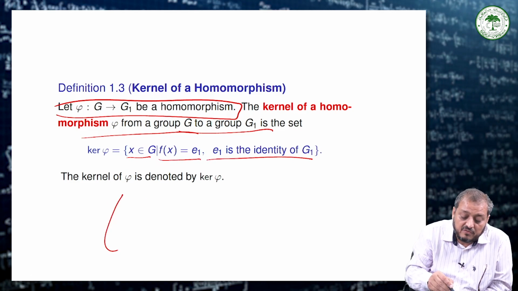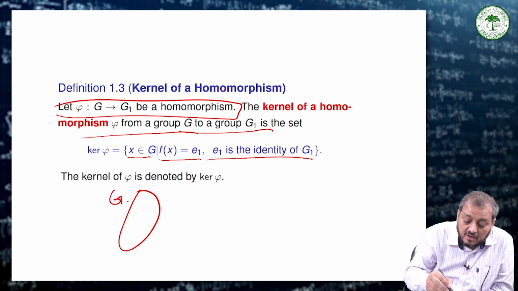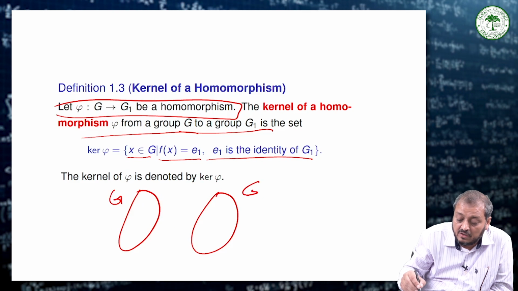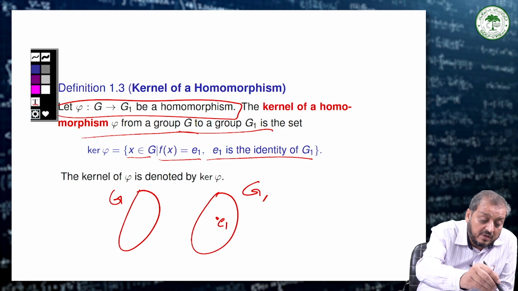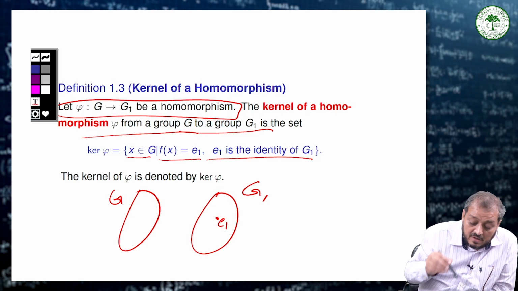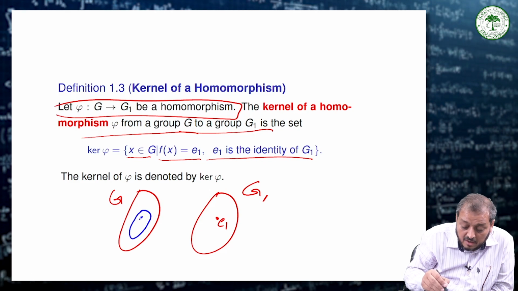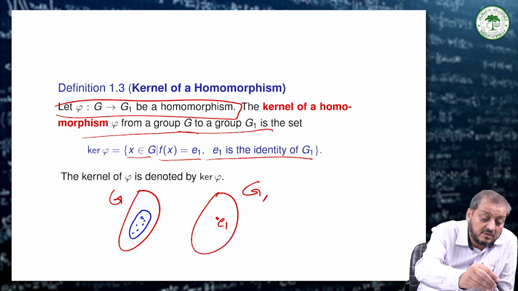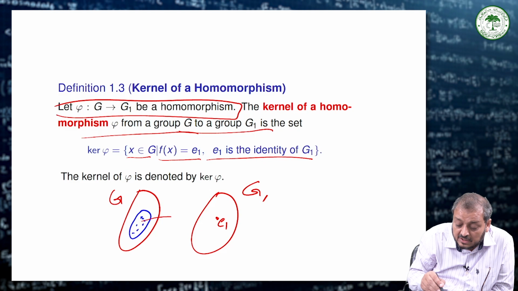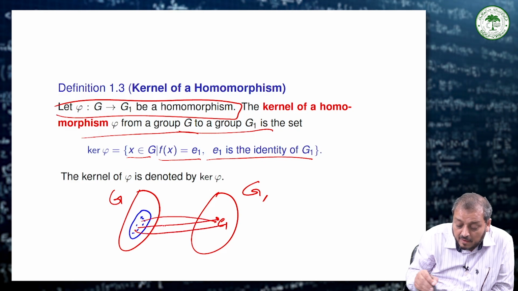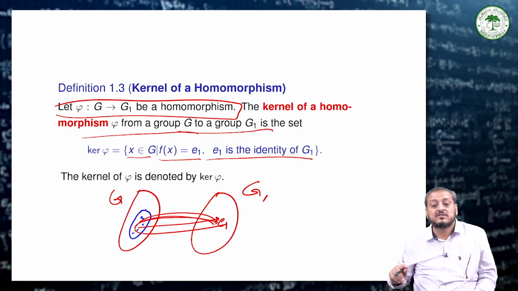That means if we have a picture like this, I take this to be G, and this to be G1, and E1 is the identity. Now I take some elements, here these are the elements, and these are the elements which map to the identity. So we say that this is the kernel.